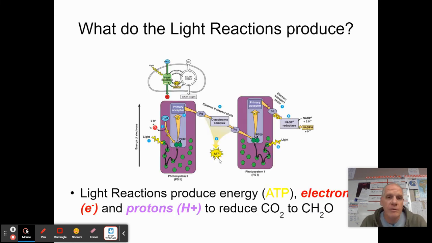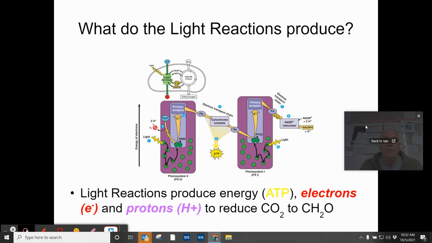So what do the light reactions produce? They're going to produce energy in the form of ATP, and they're also going to produce electrons and protons that are going to both be used to reduce CO2 to an organic carbon containing compound, i.e. sugar. So remember, CO2 is inorganic because it does not have hydrogen, and we're going to use that CO2 from the atmosphere in order to make a sugar molecule.